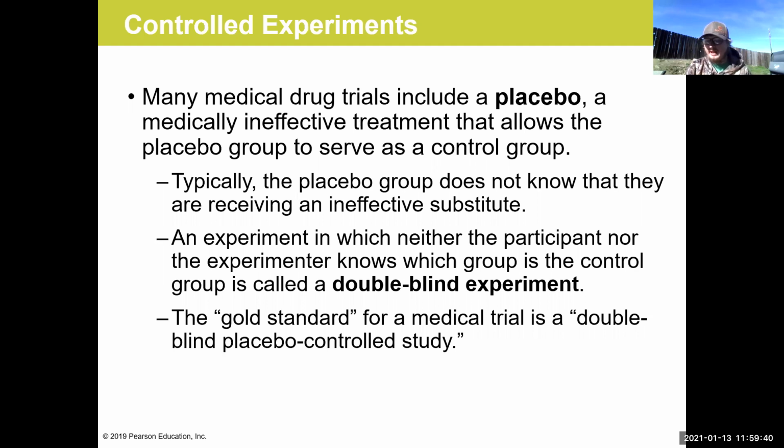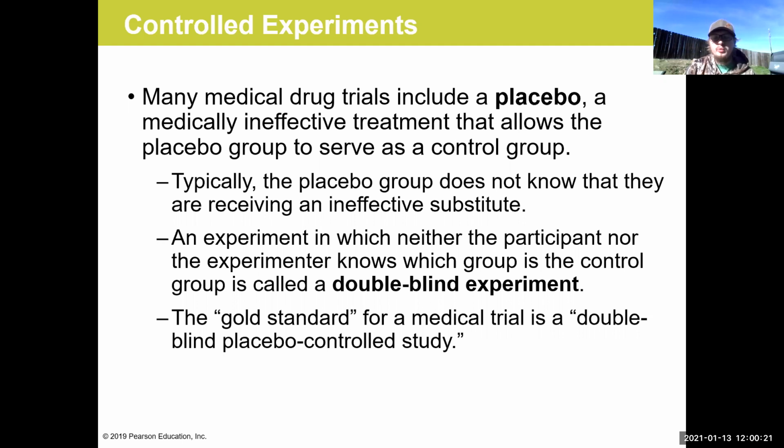For example, if you're testing whether or not a medicine affects blood pressure, one group of individuals can get the blood pressure medicine, and then another group of individuals will get a placebo, but they think they're getting the blood pressure medicine. So the placebo could just be a sugar pill or something like that. It's not really the medicine, but they think they're getting the medicine, right? They don't know that they're getting the placebo.